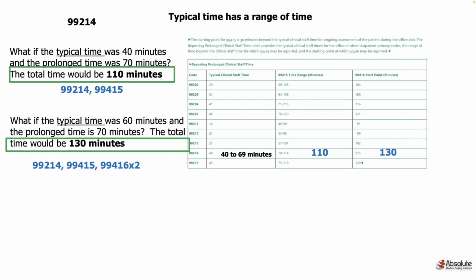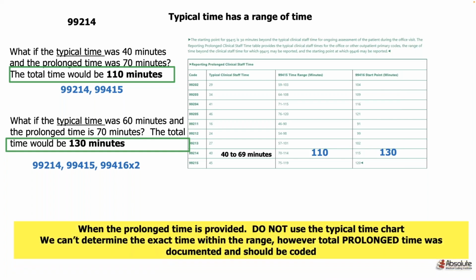So the moral of the story is when prolonged time is provided, do not go to the typical time chart, because you already know the prolonged time and we can't determine the exact time within the range. That prolonged time is already documented. Hopefully that was clear, and if it isn't, I apologize. But now go ahead, type in the chat. Let me know.